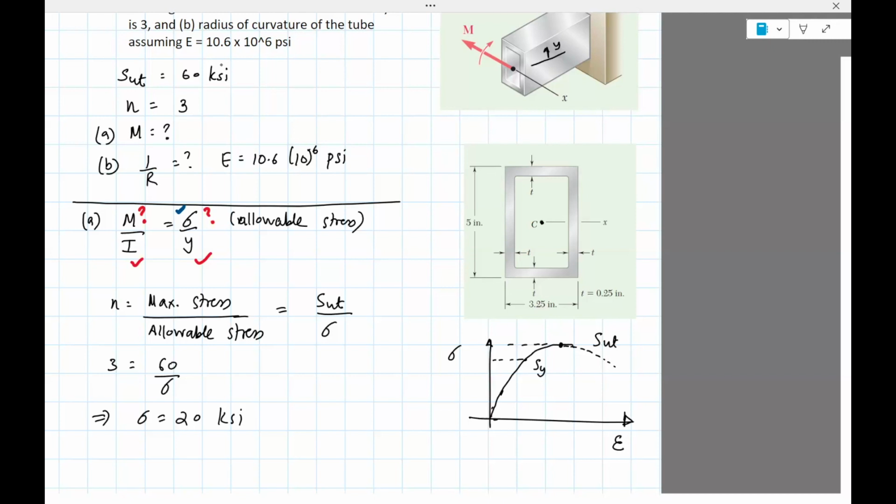It's not clear what I is because if you go back to the table, we don't have a formula for I for a hollow rectangular section. So we need to do that computation ourselves.